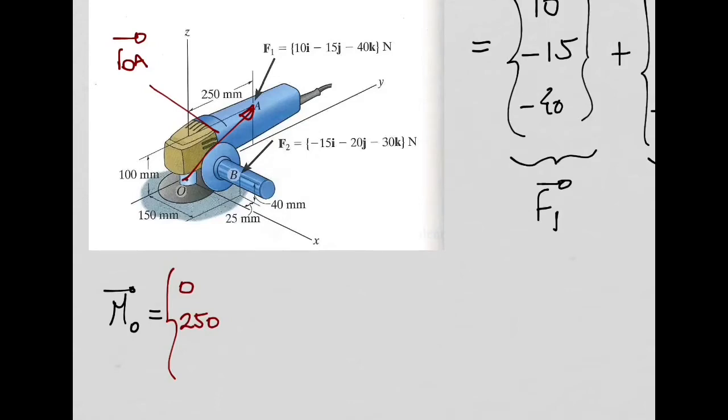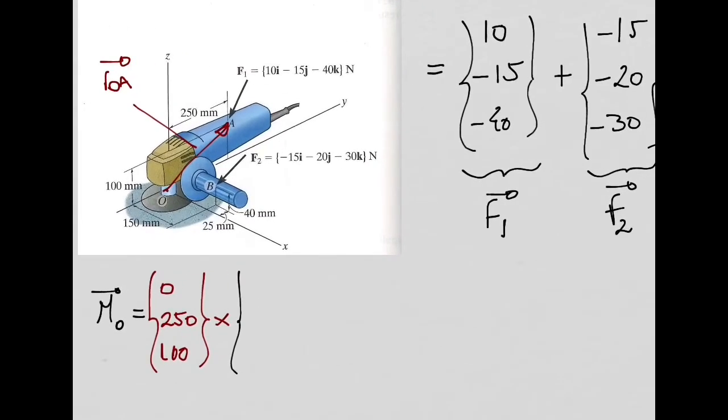What about the z component? I'm looking for this one. What is this component here? It's my z component. You all agree? How much is it? 100. Now I need to do the cross product with the force vector F1. And force vector F1, we have it already here. I can just copy it: 10, minus 15, minus 40.